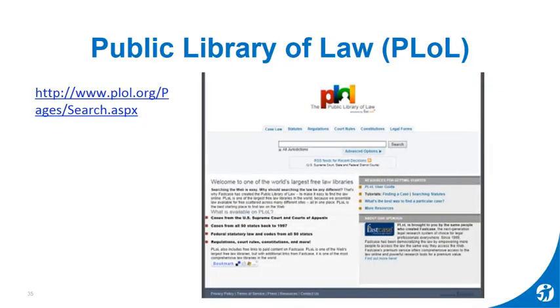So here's a few more websites that are free that you should certainly know about. And like I said, Casemaker and Fastcase both have free versions. The Public Library of Law is the free version of Fastcase. I didn't put Casemaker's free version, but I think this one has a few more features, so it's worth talking about.